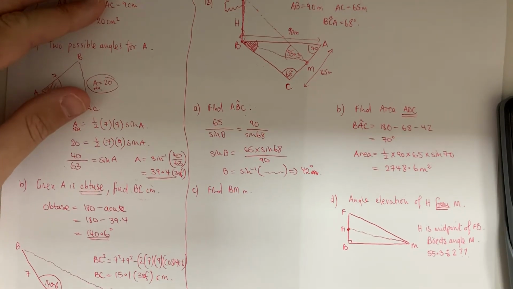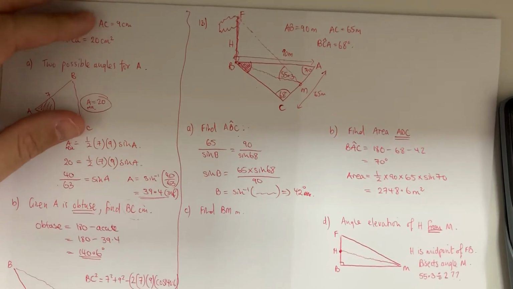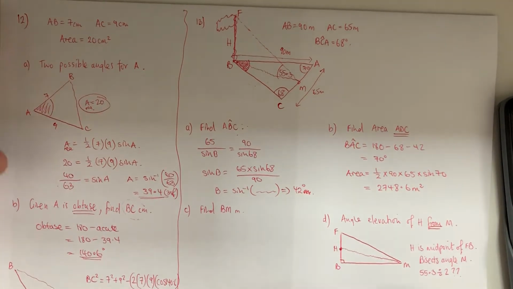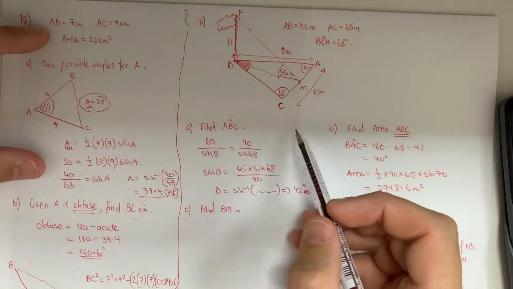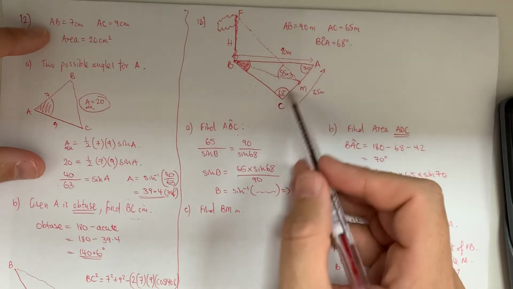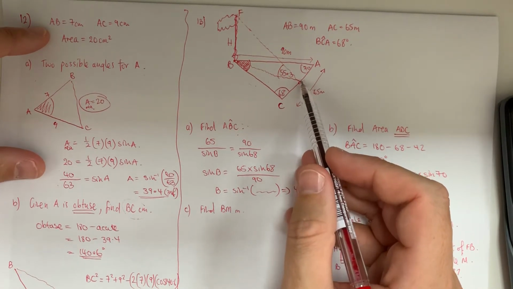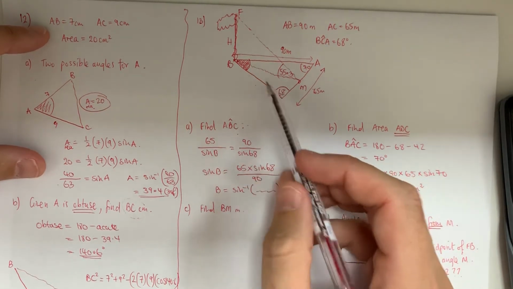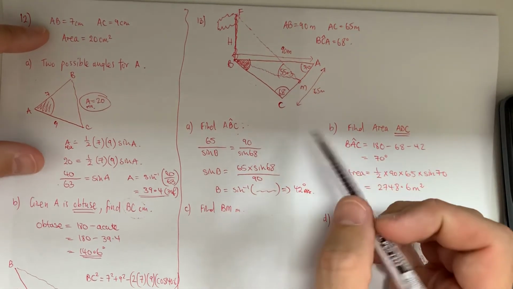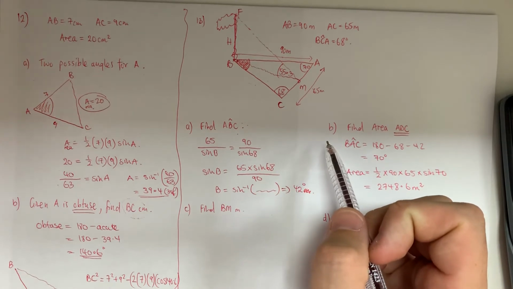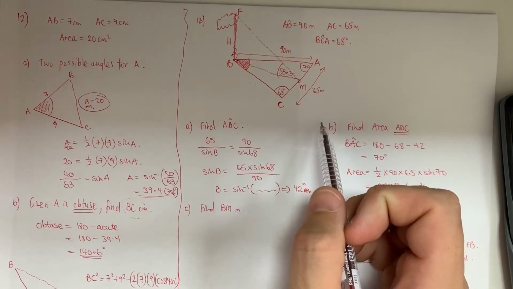Now on to part C. It's now asking me to find BM. So M is the midpoint of AC, according to the question. And I want the length BM. So I cannot assume anything here.